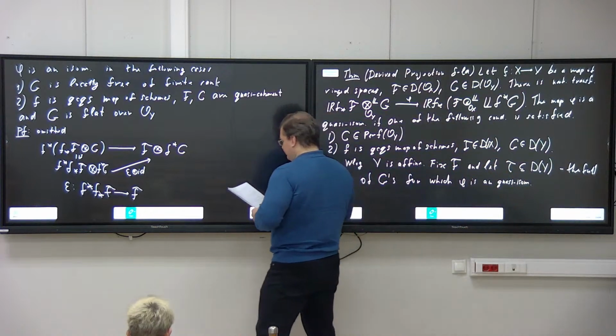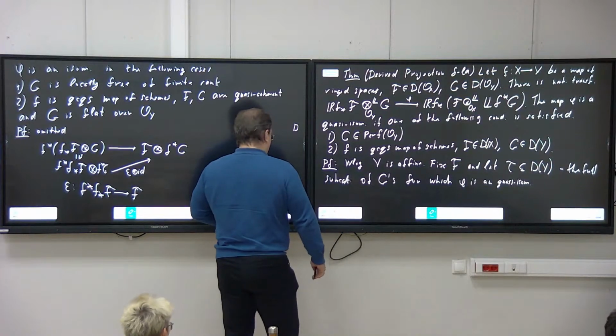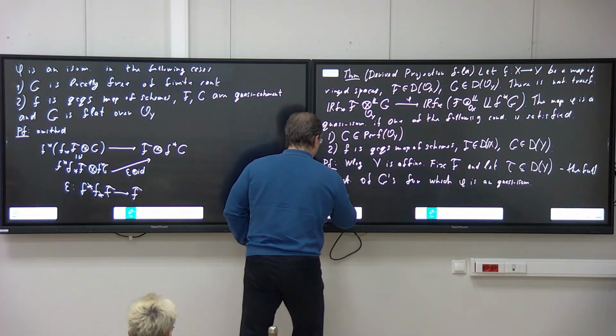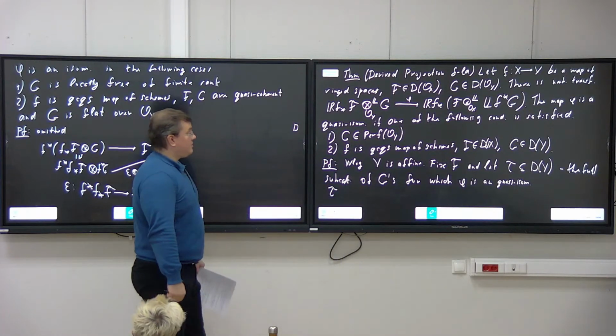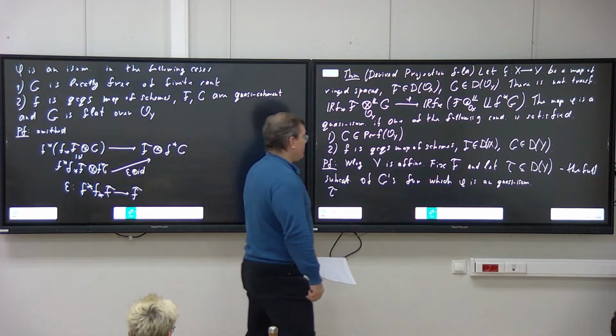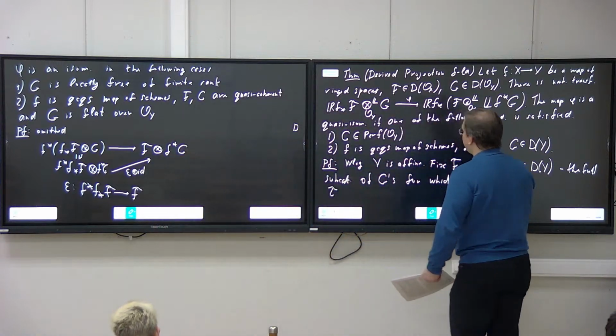So what can we say about this T? It's clearly closed under shifts, and it's also quite clearly closed under taking triangles.